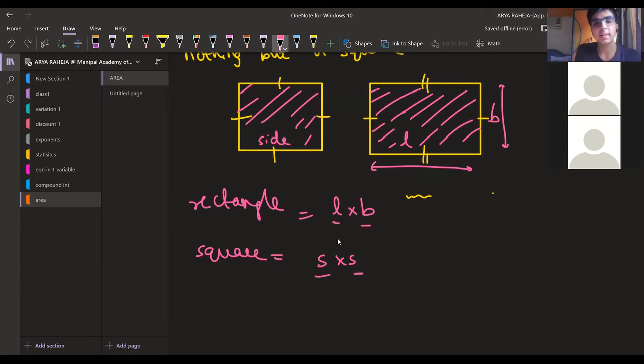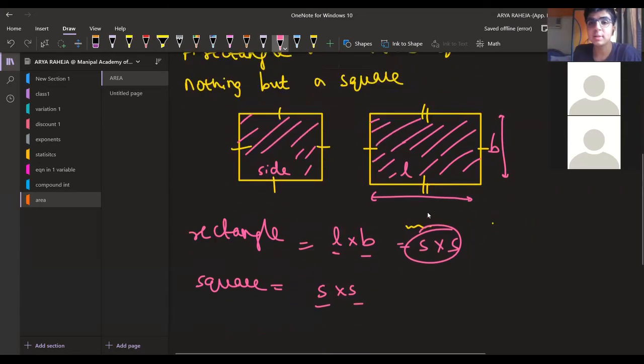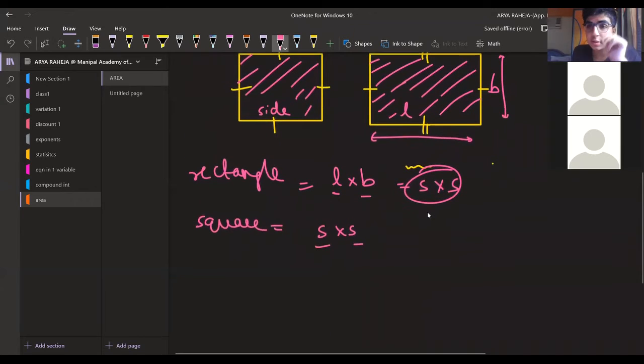Technically rectangle के L into B formula में if we make the length and breadth equal, replace everything by just one S, this is nothing but S into S only ना. Are you all understanding what I'm trying to say? If all the sides become equal, then L and B दोनों equal हो गए suppose. So doesn't the formula become S into S only, which is nothing but square का formula?